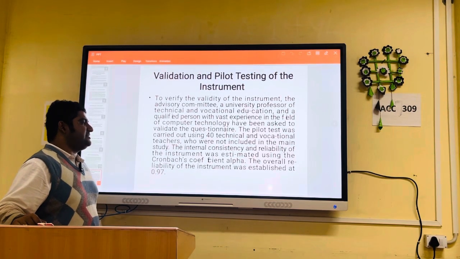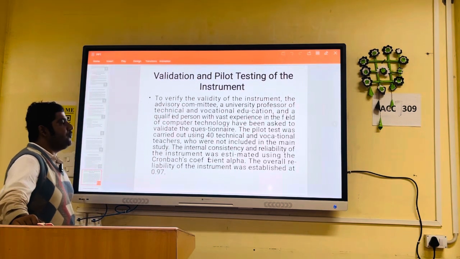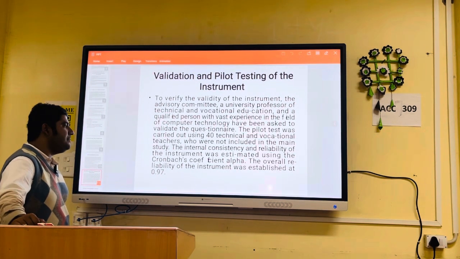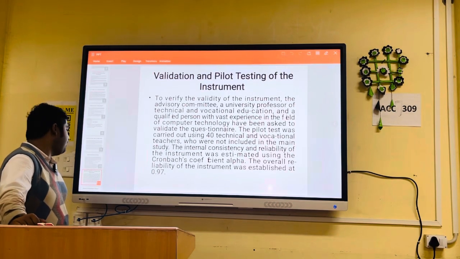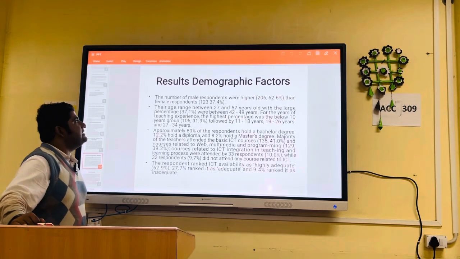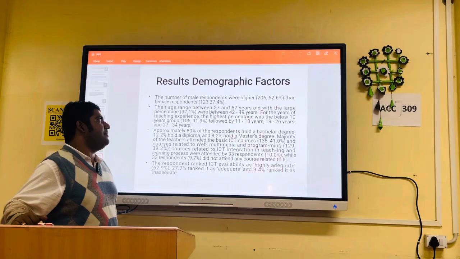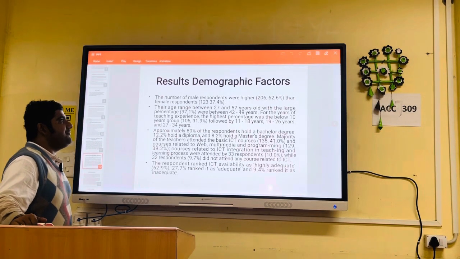The internal consistency and reliability were estimated using the Cronbach coefficient alpha. The overall reliability was found to be 0.97.